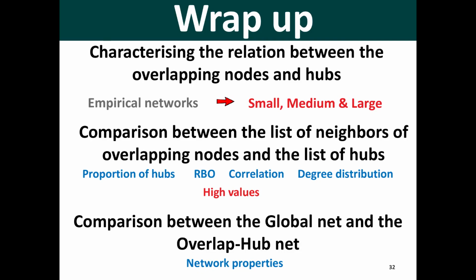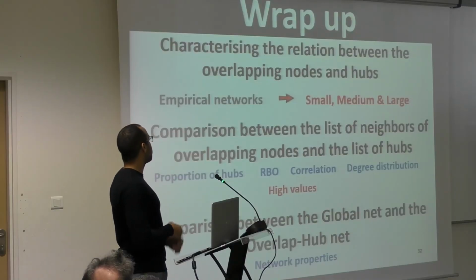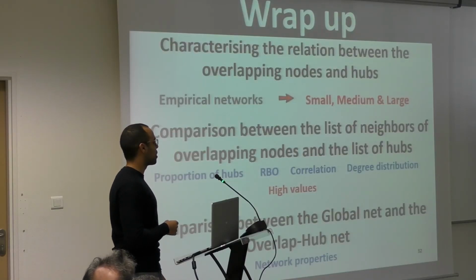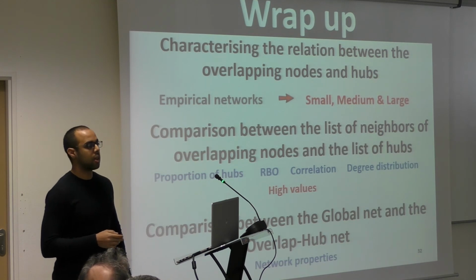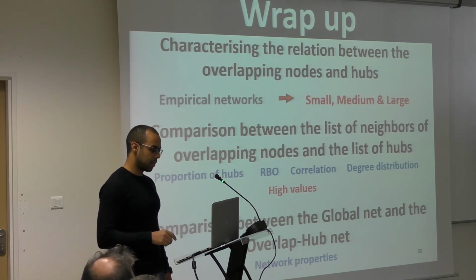And in conclusion, in this work, we tried to characterize the relationship between the overlapping nodes and the hubs. To this end, we used different empirical networks from different domains and sizes.